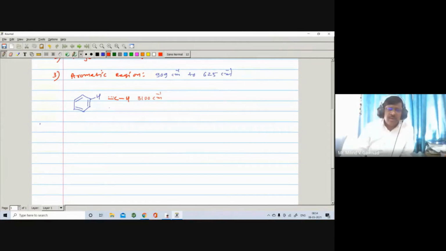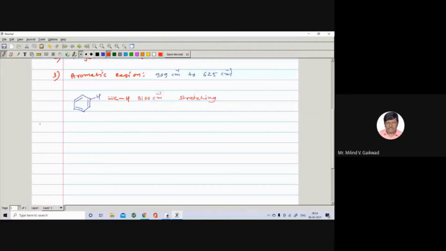This is due to the stretching vibration. But due to bending, you will get bands in the aromatic region. So bending vibrations will appear in the aromatic region.